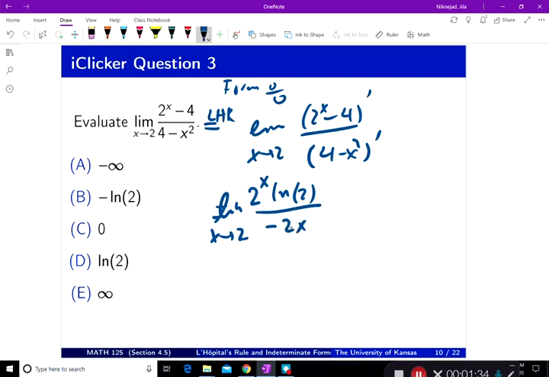Now if I plug in x equal to 2, the limit is going to be 2 to the power 2 natural log of 2 divided by negative 2 times 2. So B is the answer.